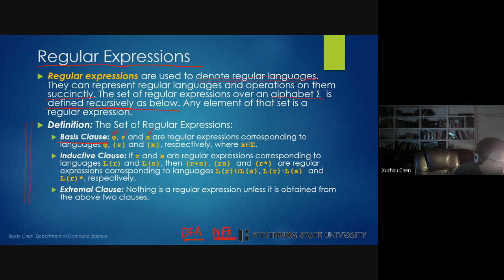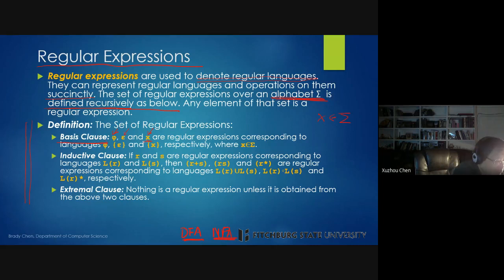And x, if x is any actual element in sigma. So that's the set of alphabet we define, because when we define the finite automata, we always define a string on the alphabet sigma, which is a finite set.